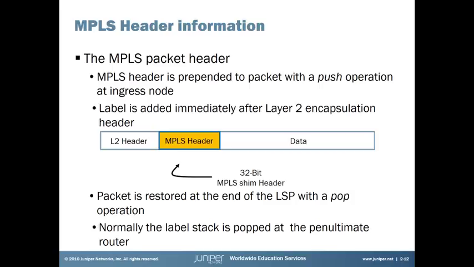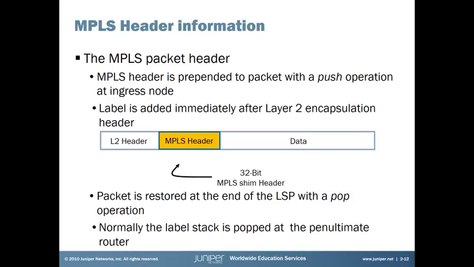So the label goes into the packet, and then the forwarding decision through the network is based on the information in the label. And then when we get to the end of our label switch path, what we do is you take the little label off the packet, and that's called a pop operation.